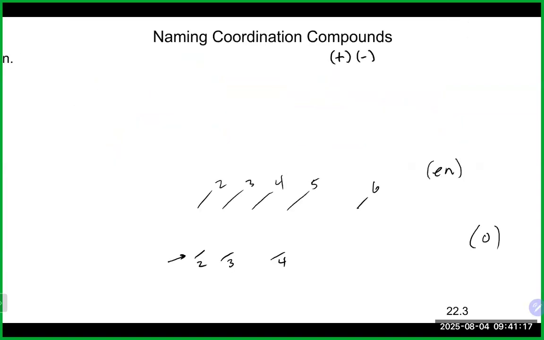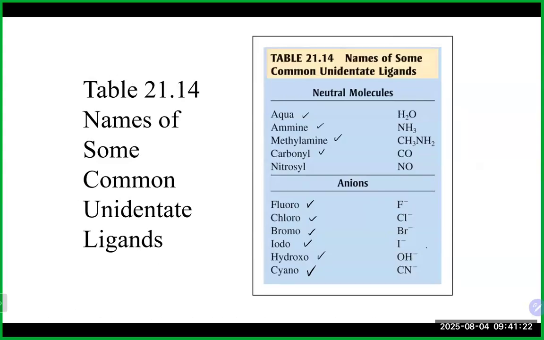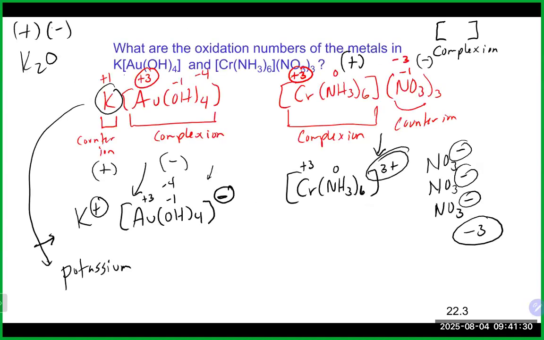So we would go to our list and find hydroxide, which is right here. That is hydroxo. And 4 is tetra. So that would be tetrahydroxo.